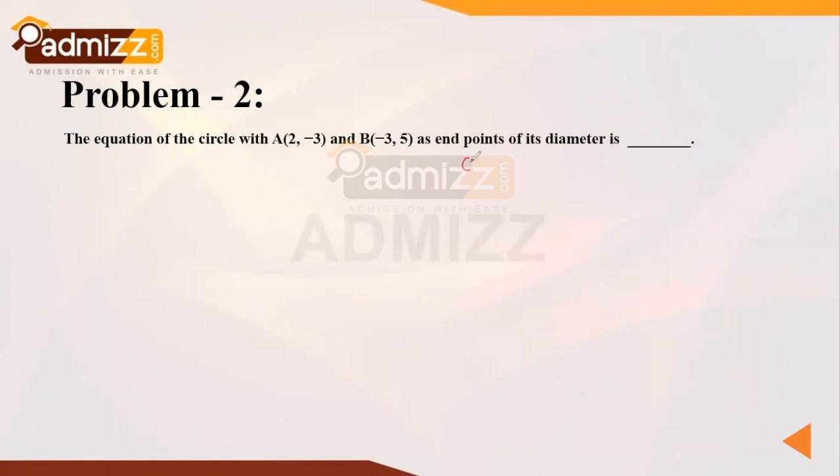That is (x - x1)(x - x2) + (y - y1)(y - y2). So these are the coordinate values x1, y1, x2, y2.